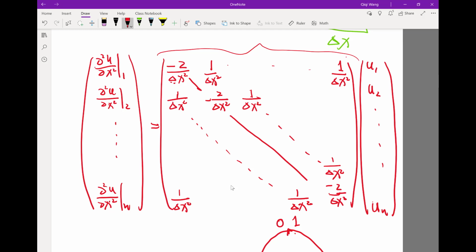Last time when we looked at the central difference scheme, remember we have 1/2 delta x on the upper diagonal and minus 1/2 delta x on the lower diagonal. We get all imaginary eigenvalues because it's not a symmetric matrix. It's an anti-symmetric matrix. If you transpose the matrix, it'll be exactly the negative of itself.